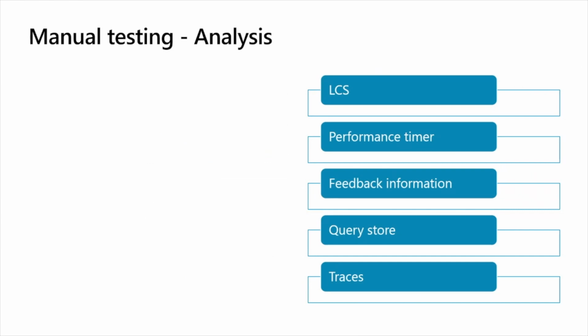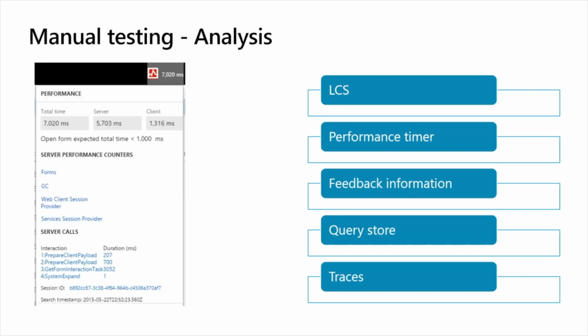There are numerous tools and features that can be leveraged to collect and analyze performance. The team is preparing a TechTalk that is dedicated to analyzing performance. Therefore, I just want to highlight a few of the tools that are available and share some links to relevant information at the end of this presentation. There are numerous reports and dashboards in LCS that can be used to monitor and troubleshoot performance.